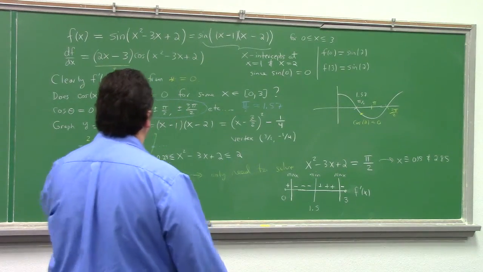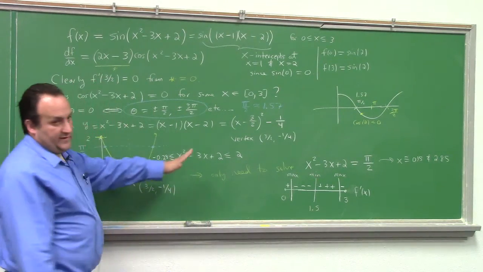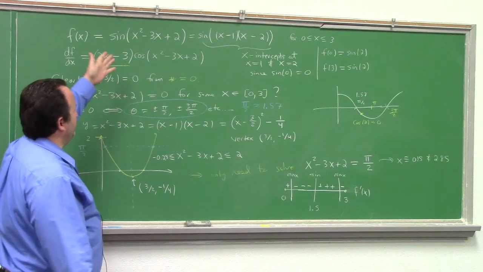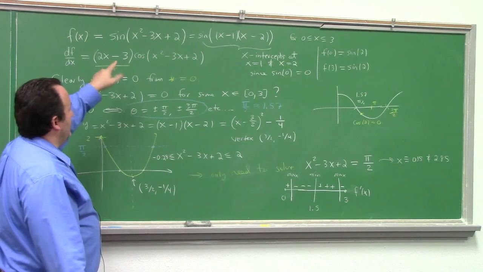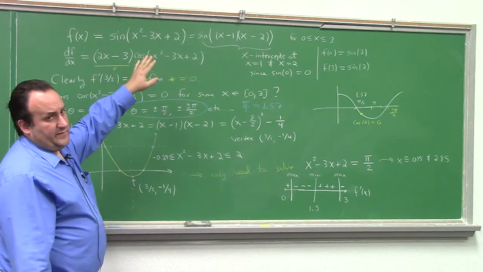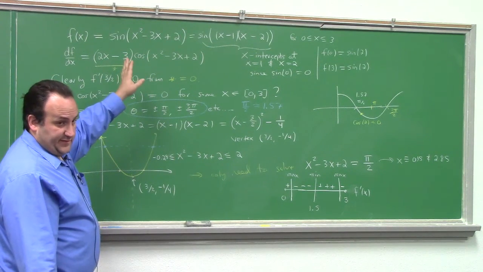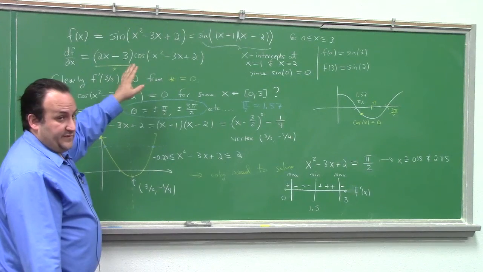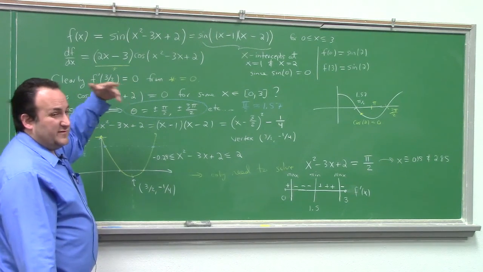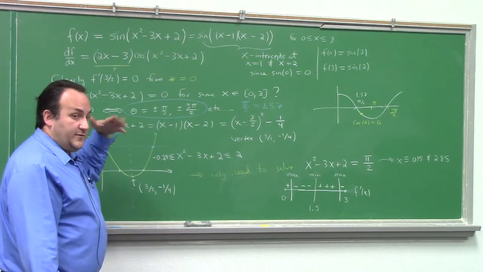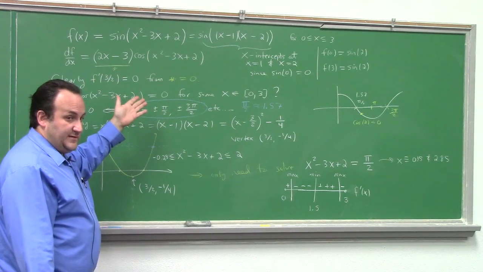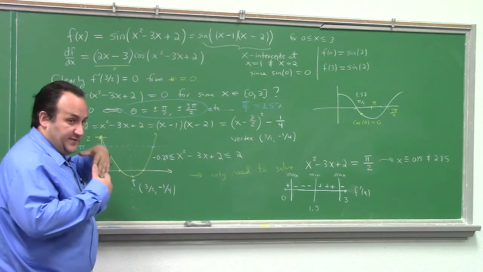Let's see here. The other thing we've learned from analyzing this quadratic, well, we already know this: sine could also be 0 if sine was plus or minus pi. Sine of plus or minus pi is 0, right? So just because we found zeros at 1 and 2, in principle, we should worry, are there other zeros for this function? Because sine can be 0 when we plug in multiples of pi.